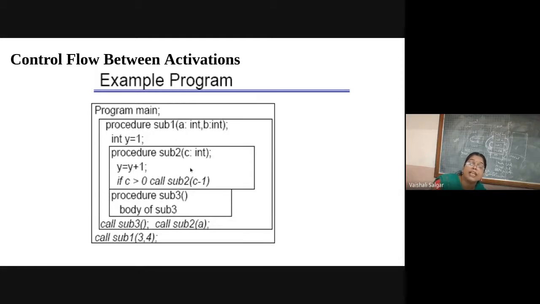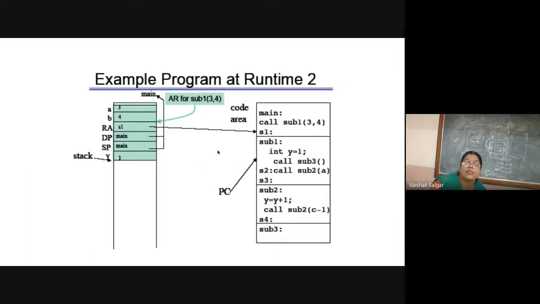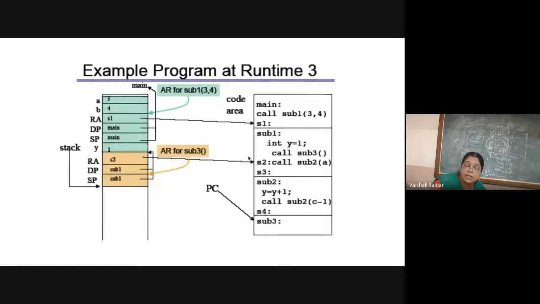This is a function definition. Is that clear? The activation record will be stored over here with the values for sub1. Now the pointer will be pointing over here, and after sub1, there is a call to sub3.